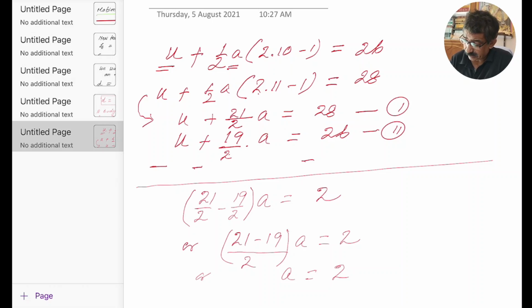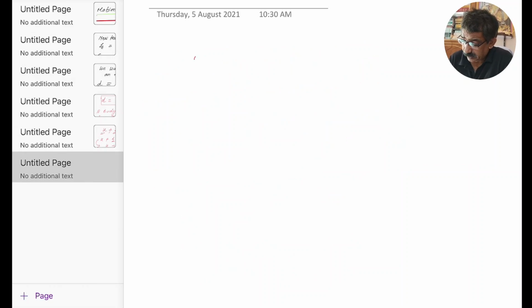So we have the expression a is equal to 2, and one of the two expressions should be taken to deduce the value of the other variable, that is the variable u. So we have the equation u plus 19 by 2 into a is equal to 26.